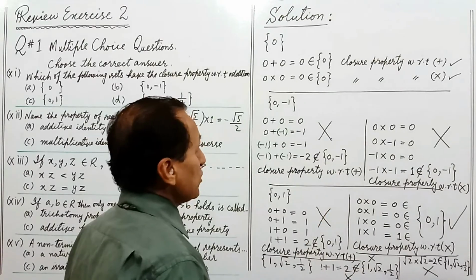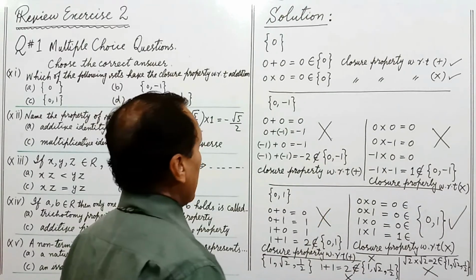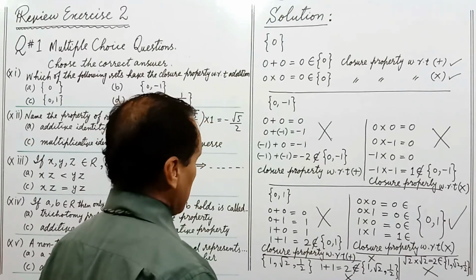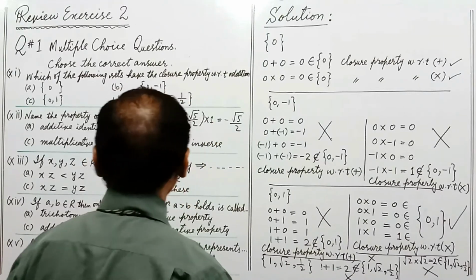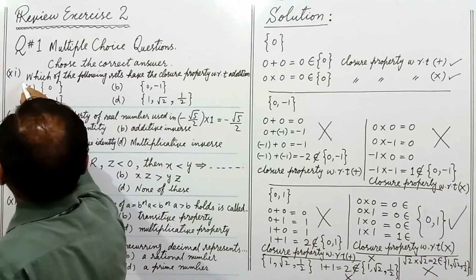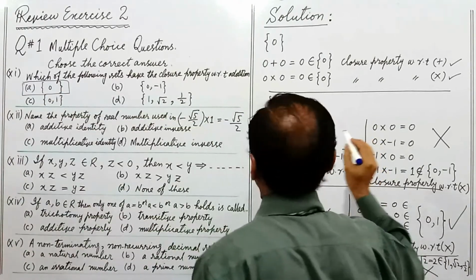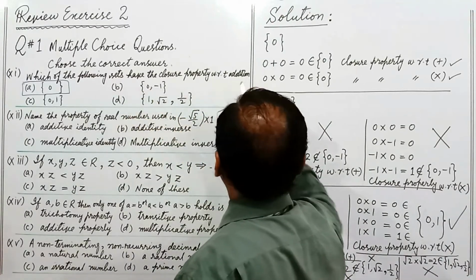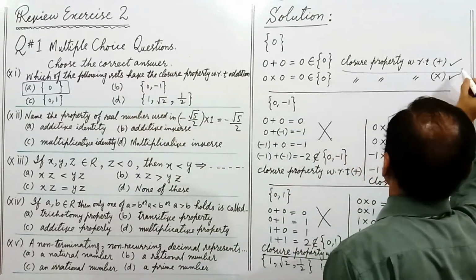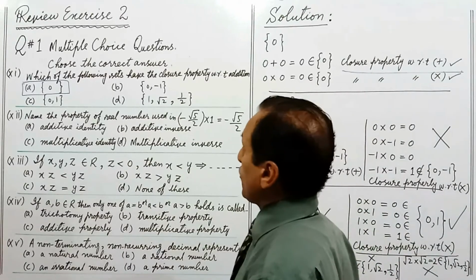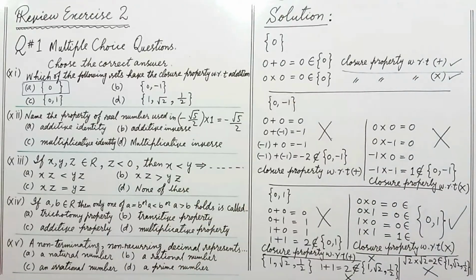Hence we come to the conclusion that the right answer for point number 11 is option A, as the closure property with respect to addition does exist only in this set for the given question.